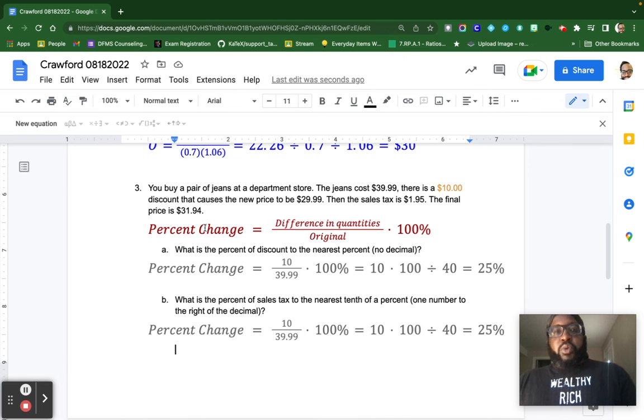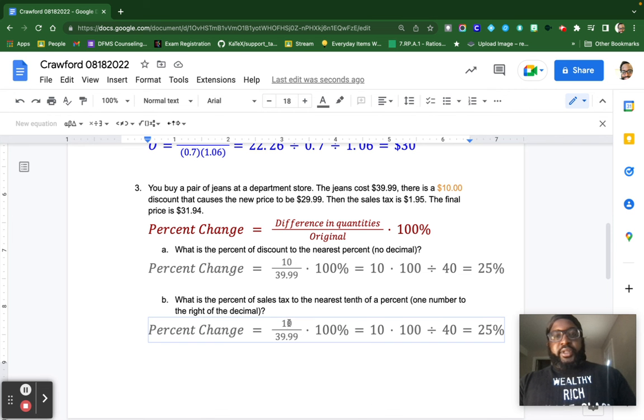The difference that we want is 31.94 minus 29.99. And that difference between them is 1.95 because that's the sales tax. The sales tax is the difference. And the original before I get the sales tax was 29.99.